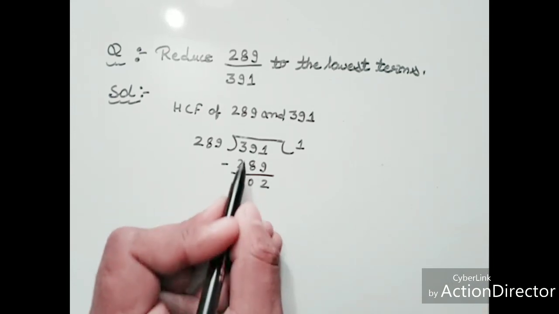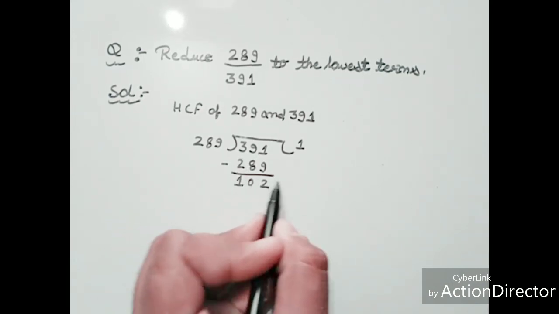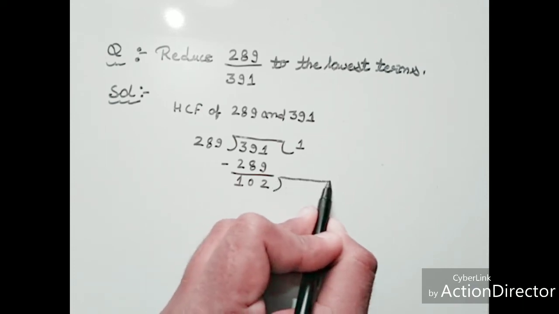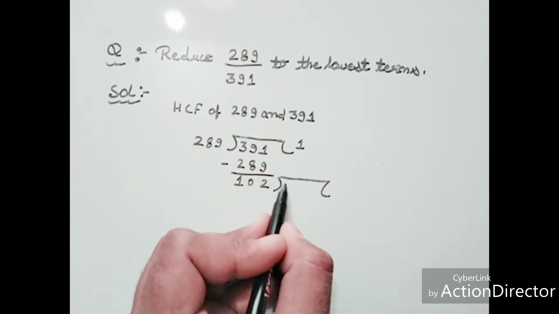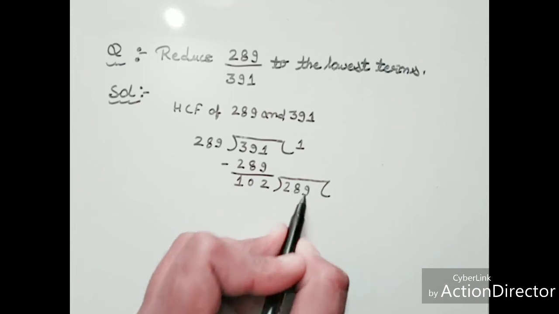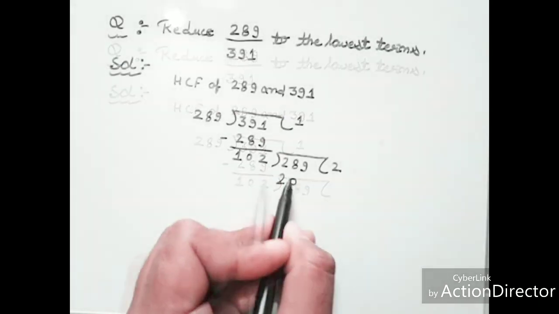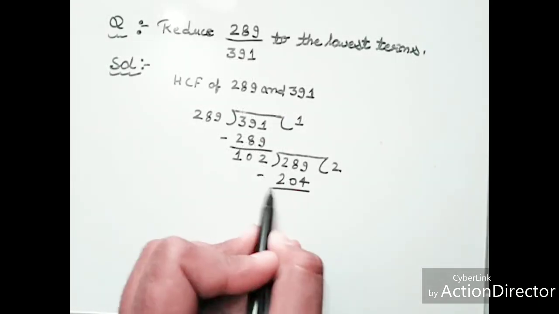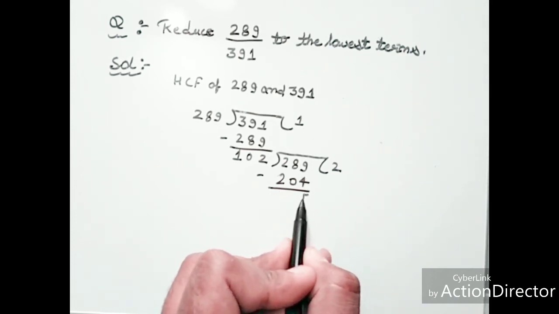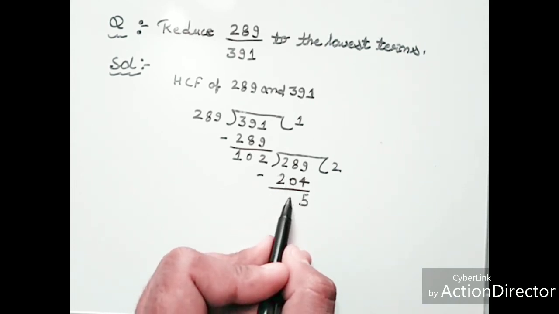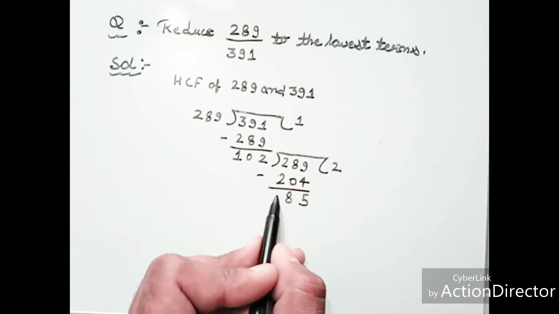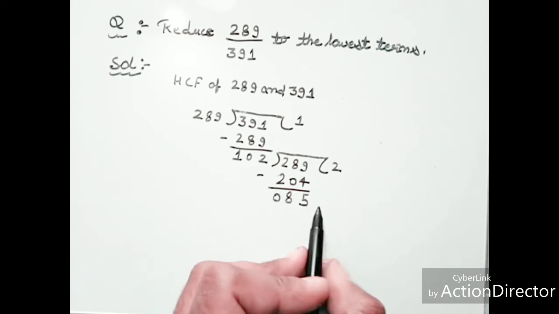So 8 minus 8 is 0, then 3 minus 2 is 1. Now this divisor takes a place here as a dividend, 289 to give 204. Now we subtract: 9 minus 4 is 5, then 8, then 0.